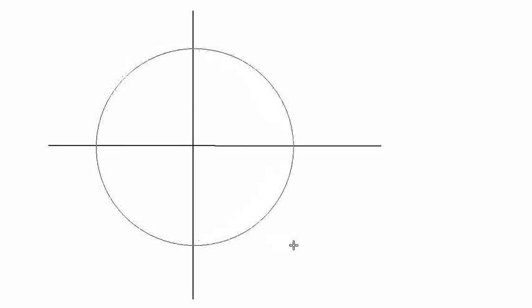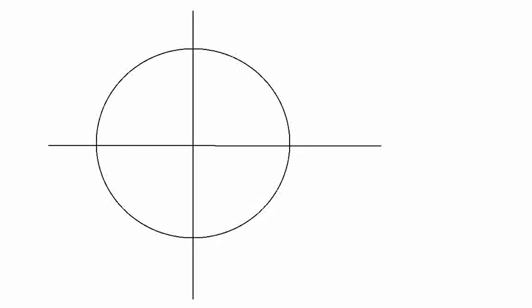coordinate axes and draw a circle centered at the origin. It doesn't matter what the radius is. So I will call my radius r.